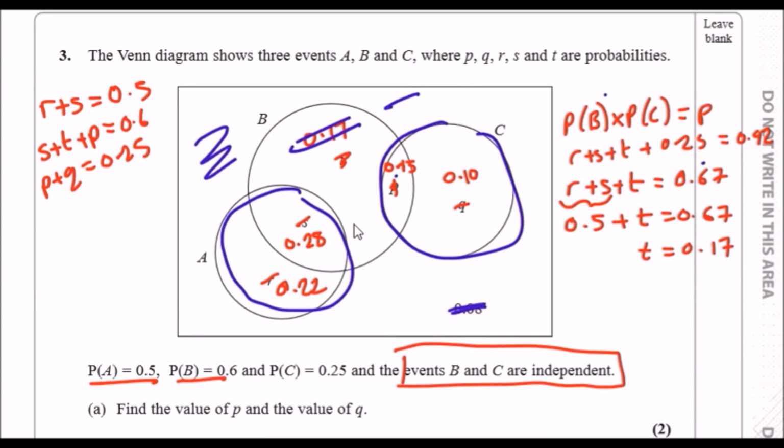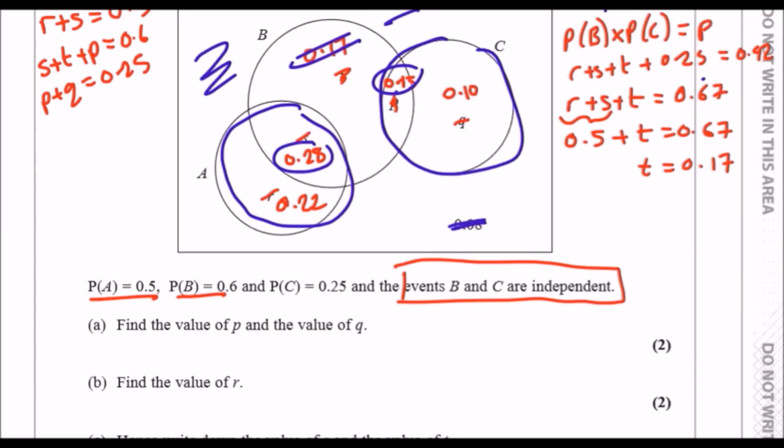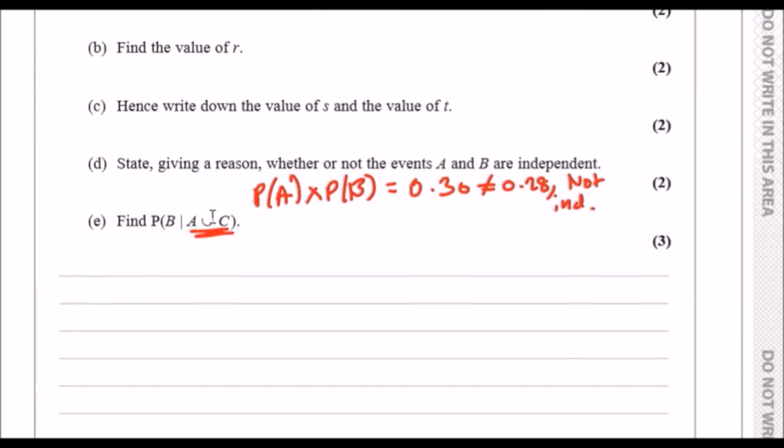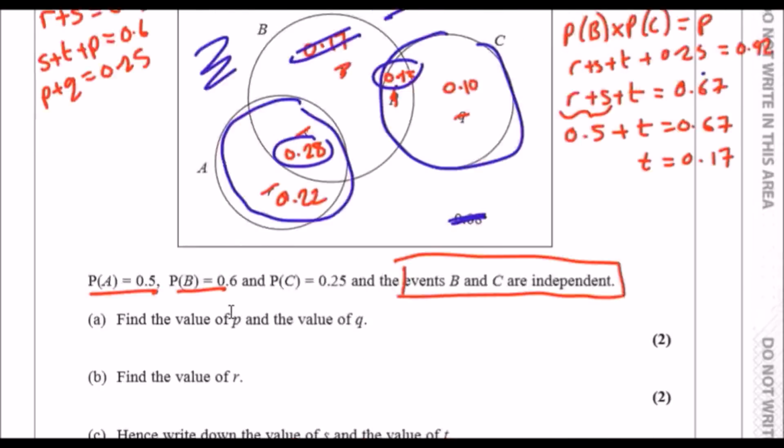The B part occurs here and here. So the probability would be the sum of the B part over all of the rest that I've circled. In other words, it will be B over the total probability.